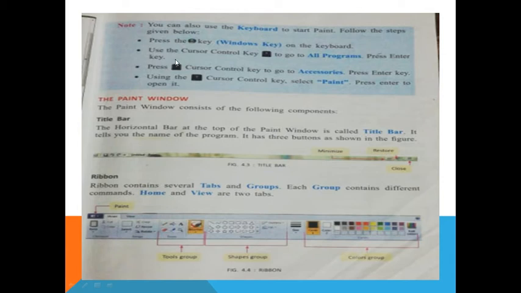Here is a note: you can also use the keyboard to start Paint. Follow the steps given below. Press the Windows key on the keyboard. Use the cursor control keys to go to All Programs. Press Enter. This means there is another option with the keyboard to open it.